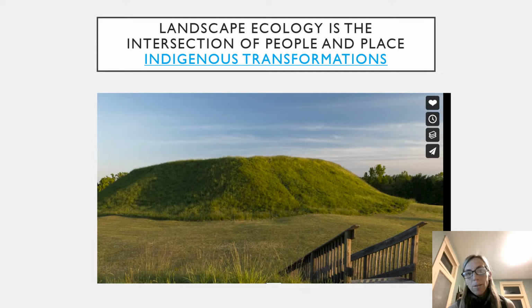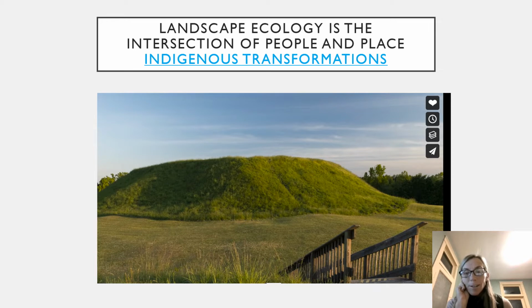And so this is a picture actually from Macon, Georgia, of one of those Mississippian earthen mounds. These were just tremendous feats of architecture and effort, really comparable to the pyramids.